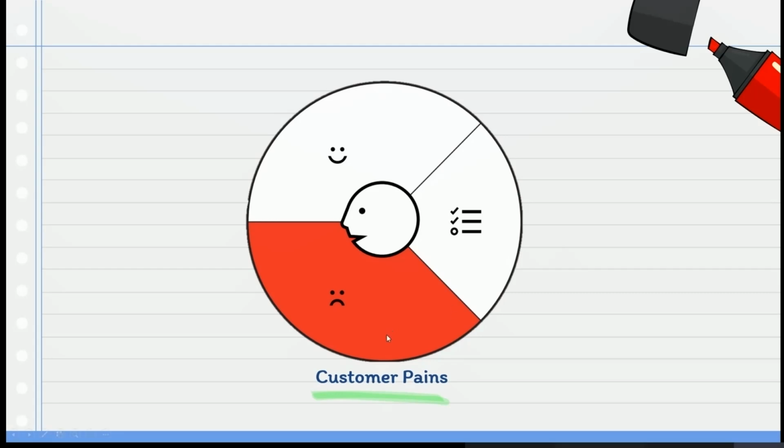We need to describe anything that will annoy our customer, as I mentioned before, maybe during the project or the delivery of the product, maybe after. So you need to think about what kind of risks you may have during this journey.